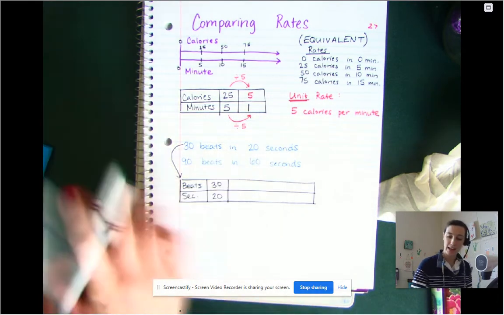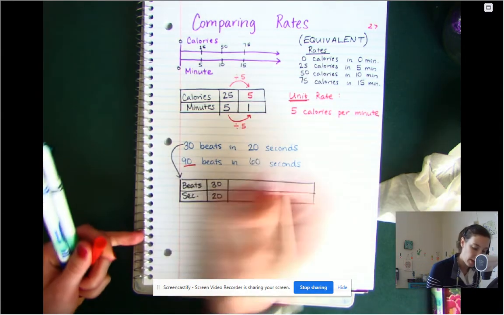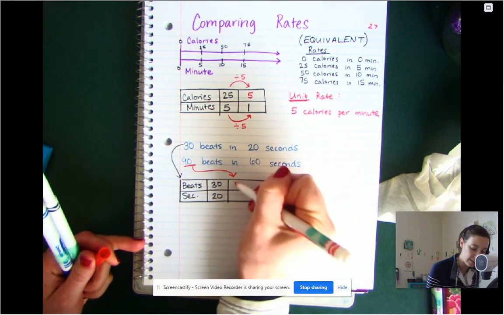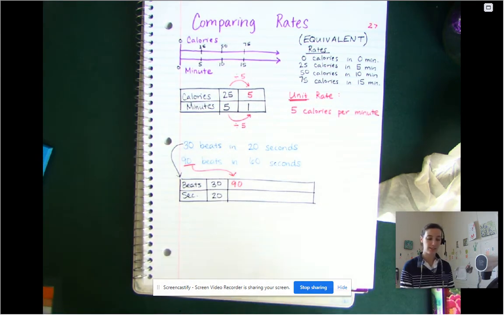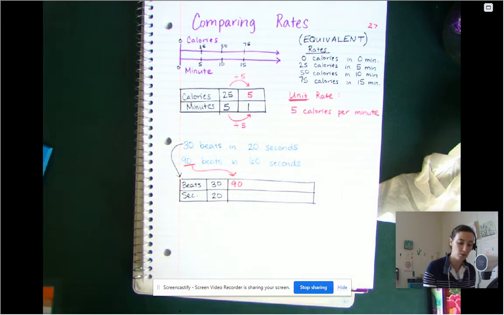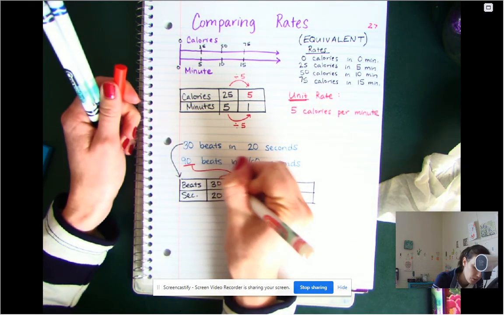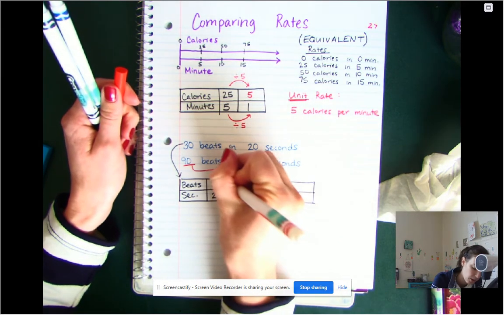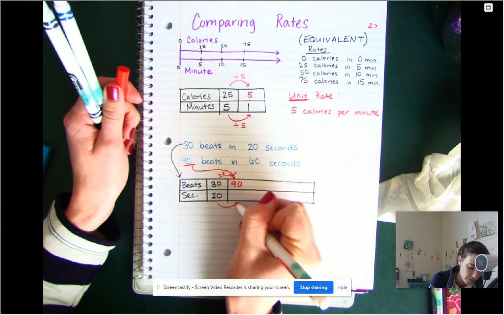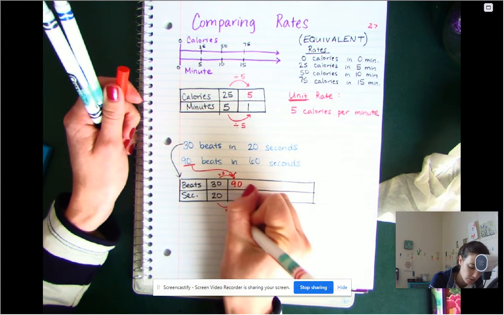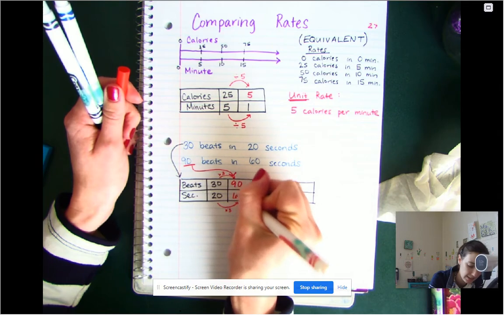So let's pick 90. I'm going to put in 90 beats and see what I will get for the number of seconds. So I know that to go from 30 to 90, I have to multiply by 3. Whatever I do to one quantity, I have to do to the other. So 20 times 3 is 60.